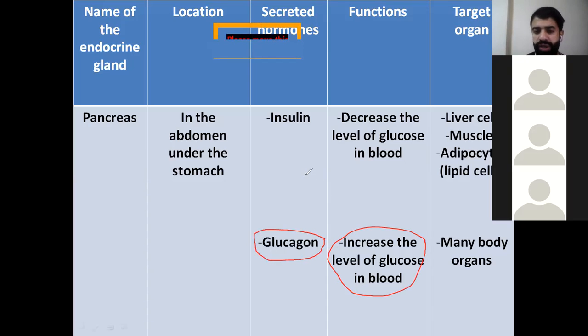This stored glucose is consumed by the function of glucagon. You have stored glucose before when you eat during the night, or during the suhoor, for example. So this will be stored in the body, and glucagon will use it back, and this will increase the level of glucose inside the blood, and it works at the level of many body organs.